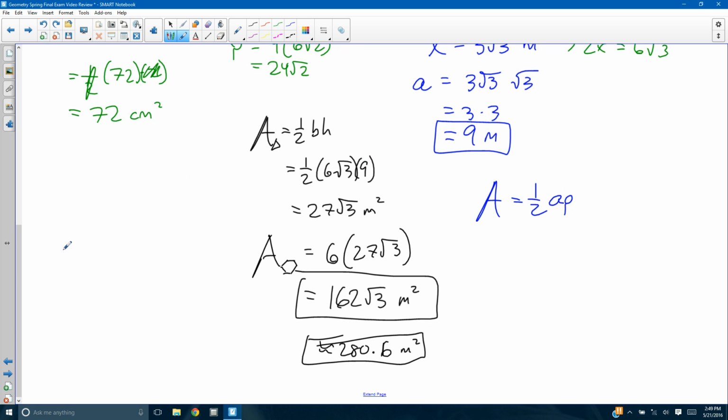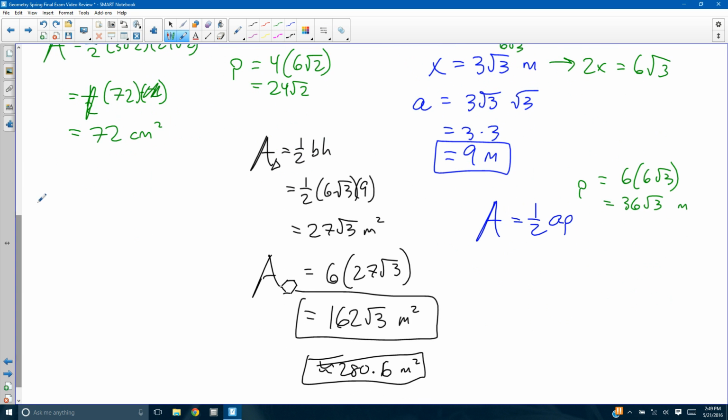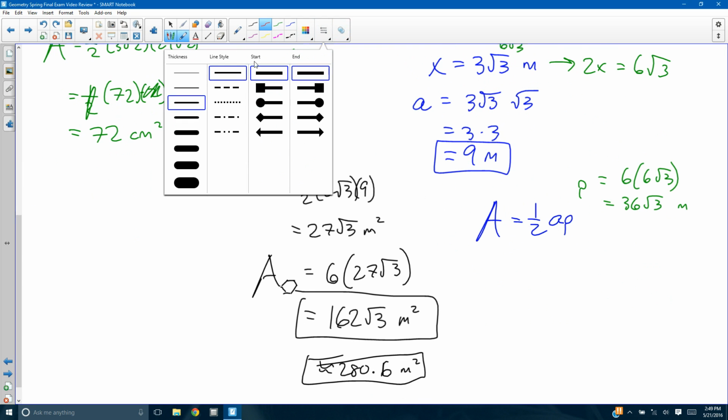Okay, so the apothem was 9 meters right here. Perimeter is 6 of these guys right here. 6 times 6 root 3, which is 36 root 3 meters. So we have 9 meters, 36 root 3 meters, multiplying them, and then taking half of that.